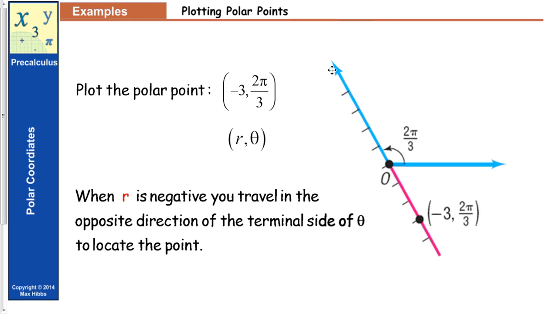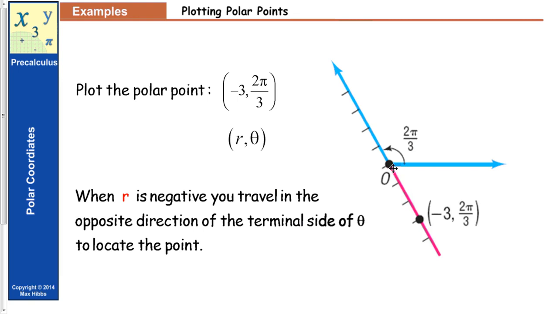Now, normally, if r is a positive value, we would measure along this terminal side in the direction of the terminal side. But if our r value is -3, it means we go in the opposite direction of the terminal side. And so in this case, we're going to go 3 units in the opposite direction.